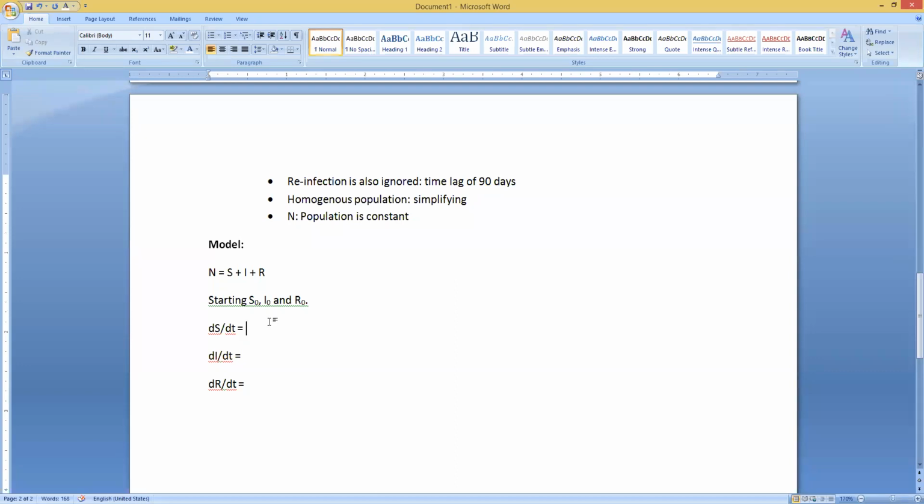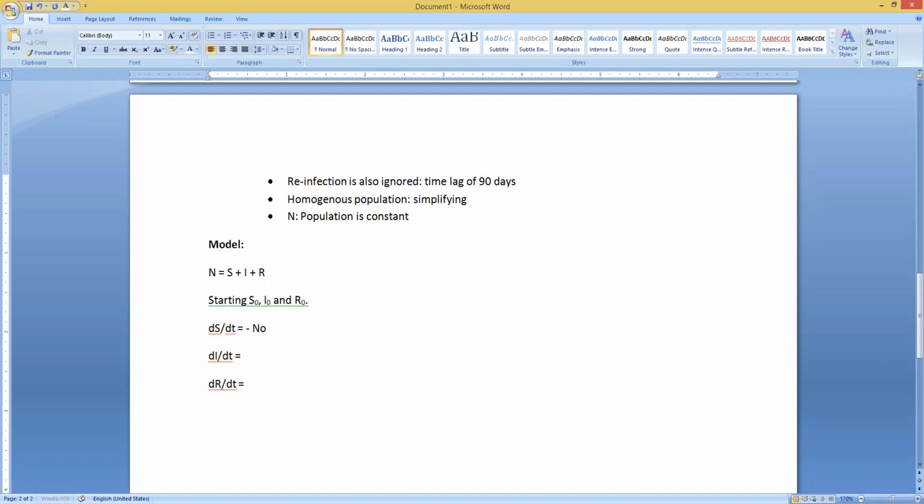Not fully, but yes, you're on the track. So in any period, you will have a number of infected persons. The number of infected persons will go up, and some people will catch COVID, and this is equal to dS/dt. But there will be a minus sign before that because S is decreasing.